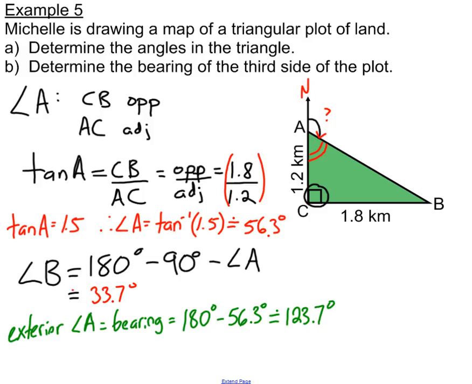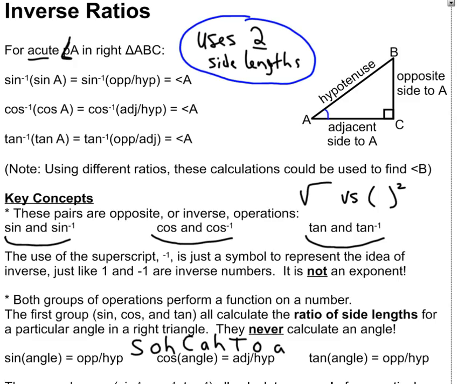And the angle, of course, is the inverse or opposite operation to tangent. So tangent of the angle gives the ratio. The inverse tangent of the ratio gives the angle. Okay, and just remember, we're going back to what was outlined here. So when you have the ratio, as we saw, then when you apply the inverse operation to it, you get back the angle.